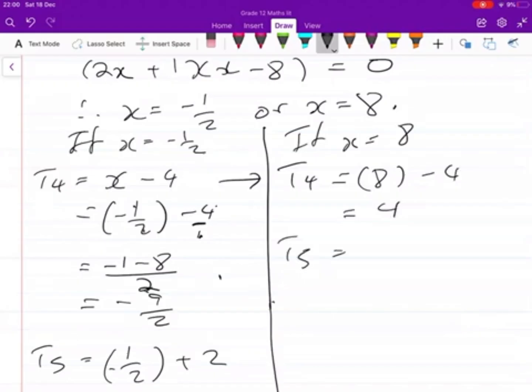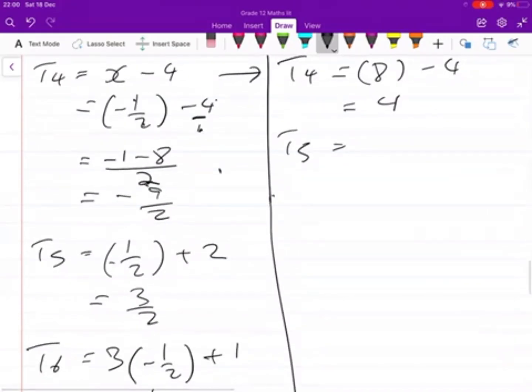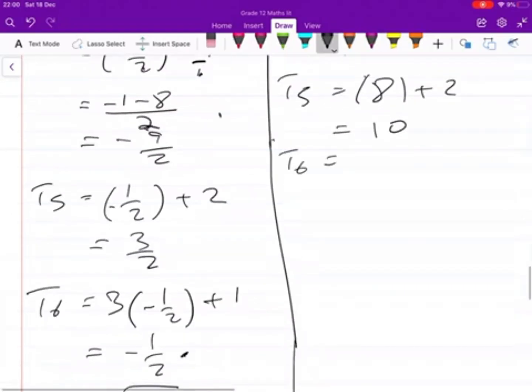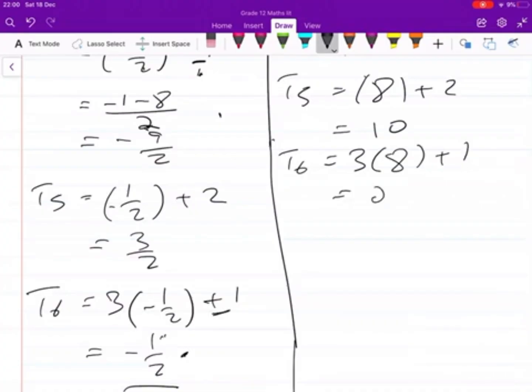For T5, we will just put 8 plus 2, so that is 10. And for T6, we will put 8, and that is plus 1, and our answer there should be 25. I'm not gonna labor that much on this.